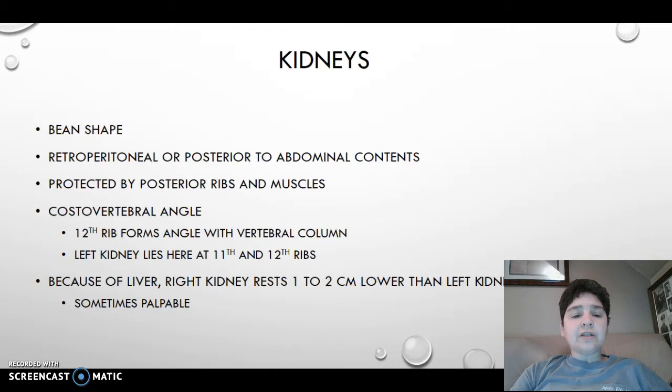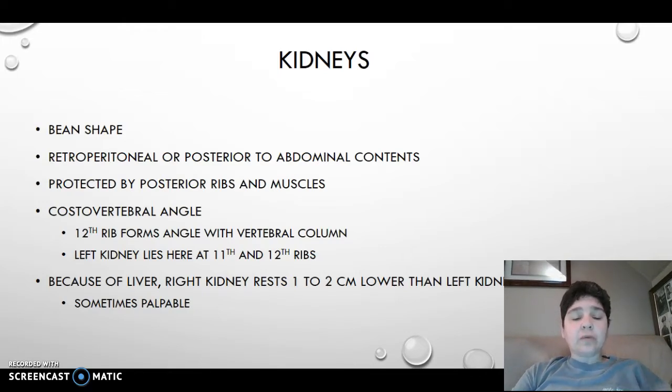The kidneys are protected by the posterior ribs, which we know we have the anterior and the posterior rib cage, and also protected by those muscles in the posterior thoracic cavity. We've talked about the costovertebral angle before when we were in the respiratory system.